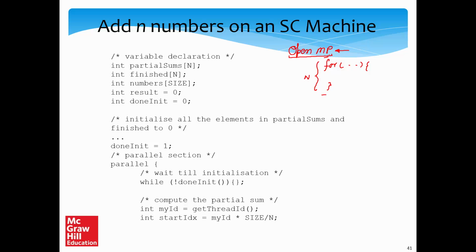So let us try to write a program from scratch, which will not use any OpenMP primitive. We'll just go with whatever language like C or Java gives us, and we will essentially try to write OpenMP. We'll essentially try to write something which we achieved with OpenMP. We'll try to do it without it.